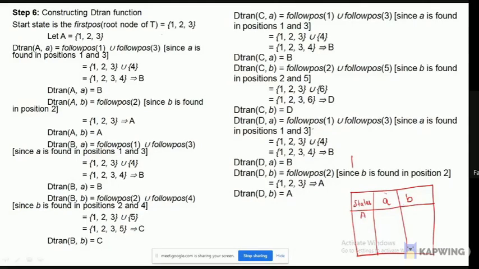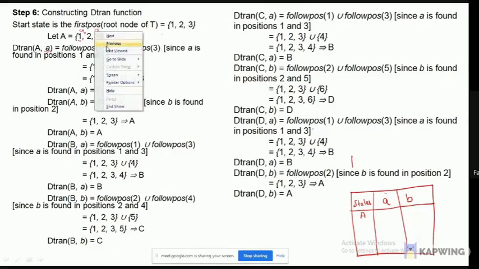Now we have to find transitions on a and b. In this 1, 2, 3, first we have to see which positions have the symbol a, as we are going to find the transition for a. Out of these 3 positions, 1 is a and 3 is also a.